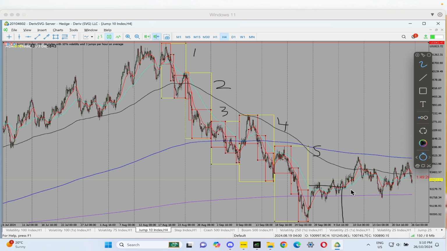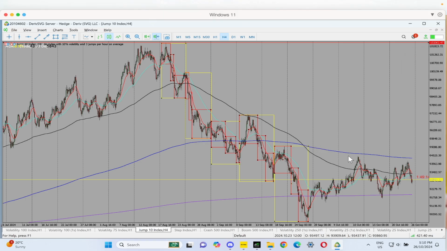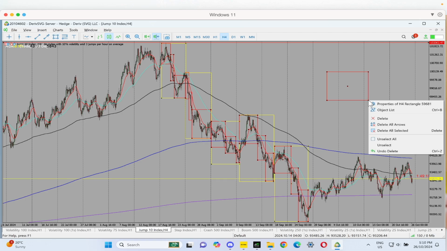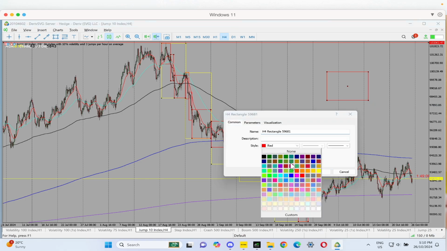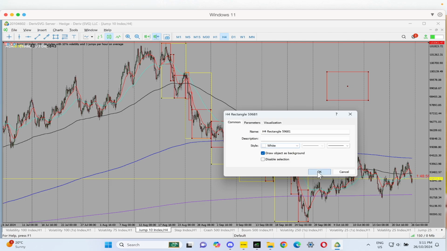We said that the market will move 3 levels on H1, which will become 1 level on H4. 3 levels on H4 becomes 1 level on D1. So what this means is I will take a different color and actually use the color white.